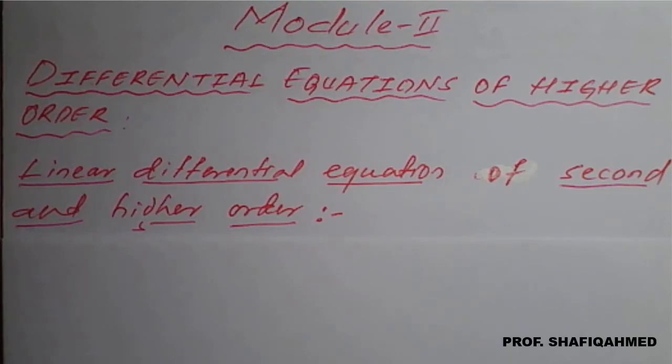Complete solution of higher order ordinary differential equations are obtained by the application of several established rules, and the solution is always in the explicit form, that is y is equal to f of x.